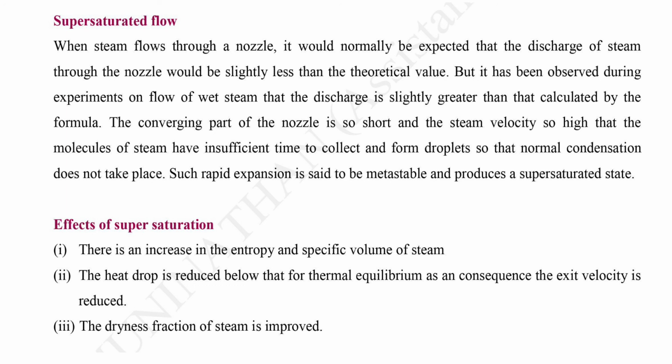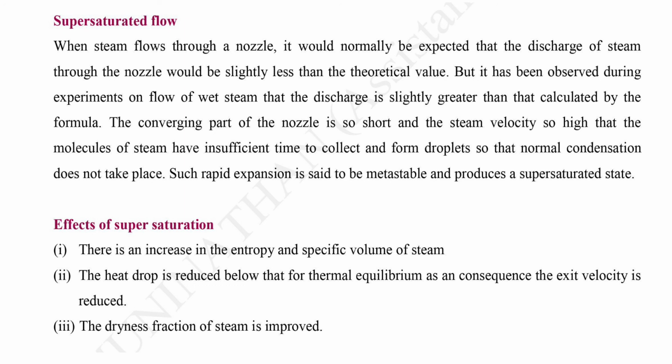The converging part of the nozzle is so short and the steam velocity is so high that the molecules of steam have insufficient time to collect and form droplets, so normal condensation doesn't take place. Such rapid expansion is said to be metastable and produces a supersaturated state.